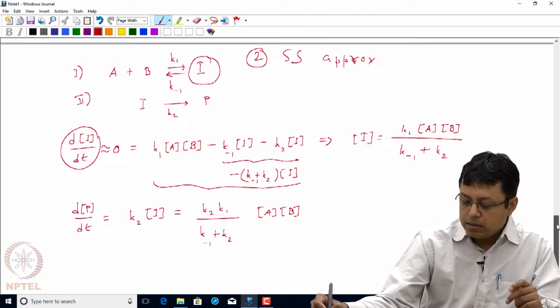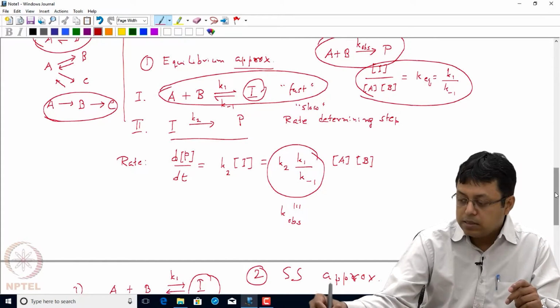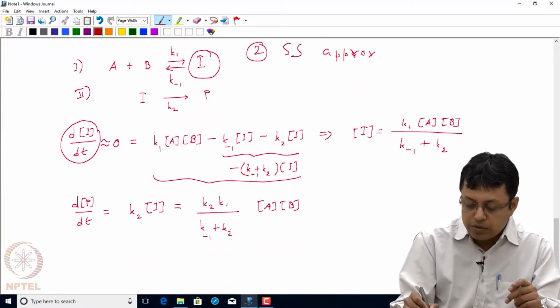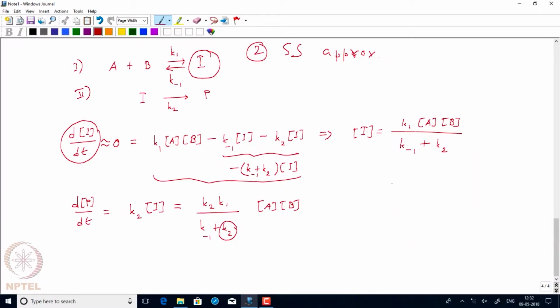You see here that in the final rate law I have K observed as K2 K1 by K minus 1, whereas in the steady state approximation I have an extra K2 here. So if we assume that this K2 is much smaller than K minus 1, then again it reduces to our earlier rate law which we got from the equilibrium approximation.